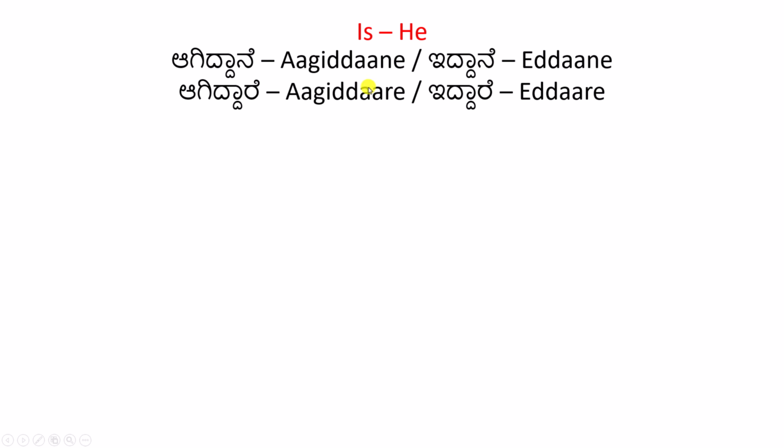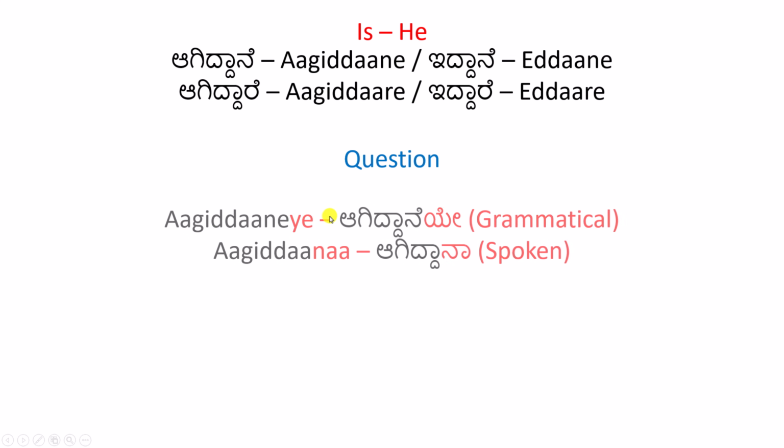Next, you know the words for is, correct? ಆಗಿದ್ದಾನೆ, ಇದ್ದಾನೆ, ಆಗಿದ್ದಾರೆ, ಇದ್ದಾರೆ. Now, to form a question, we add a letter to these and use them. Okay? So, ಆಗಿದ್ದಾನೆ becomes ಆಗಿದ್ದಾನೆಯೇ.